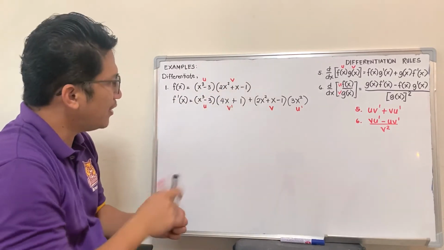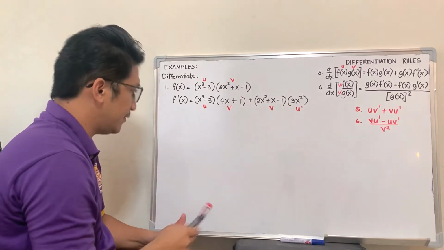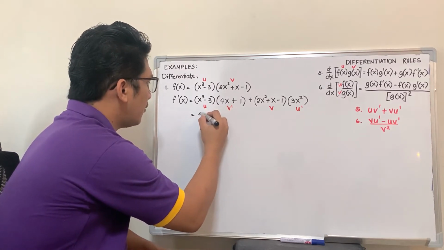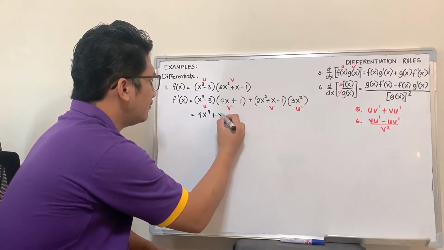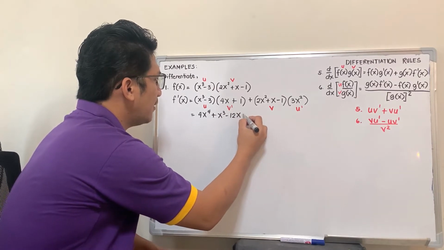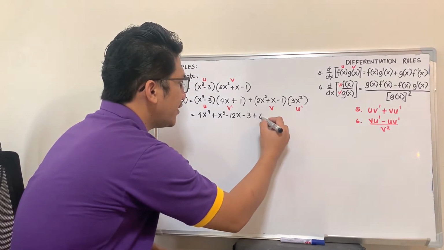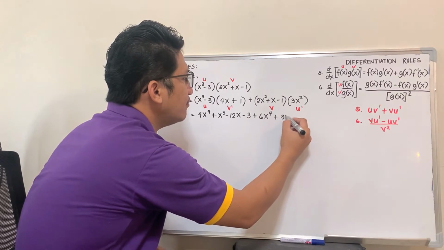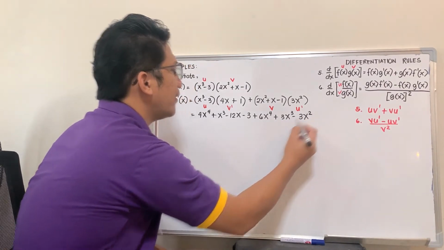Okay? Pagkahuman, simplify further na dayon. So, pwede nyo ma-multiply niya. If you continue doing this, we actually have 4x raised to 4 plus the x cubed, then minus 12x minus 3. Plus, you have 6x raised to 4, plus 3x cubed minus 3x squared.